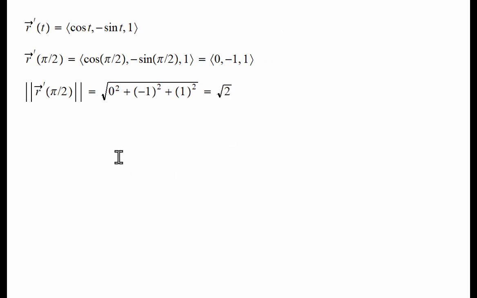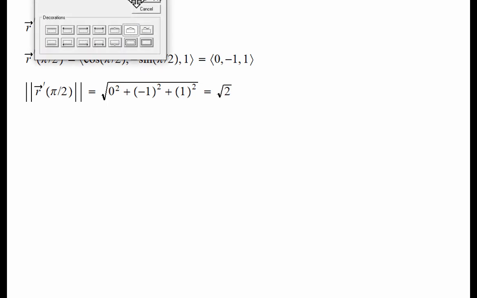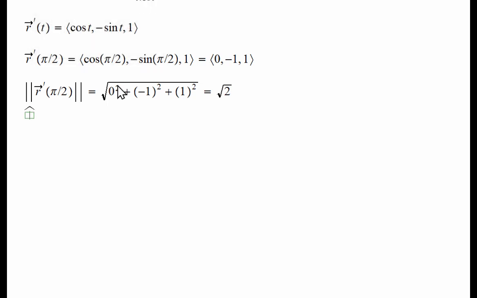So what will the vector t be then? Our vector t at pi over 2 is going to be 1 over square root of 2, because that's the reciprocal of the magnitude, times this vector.